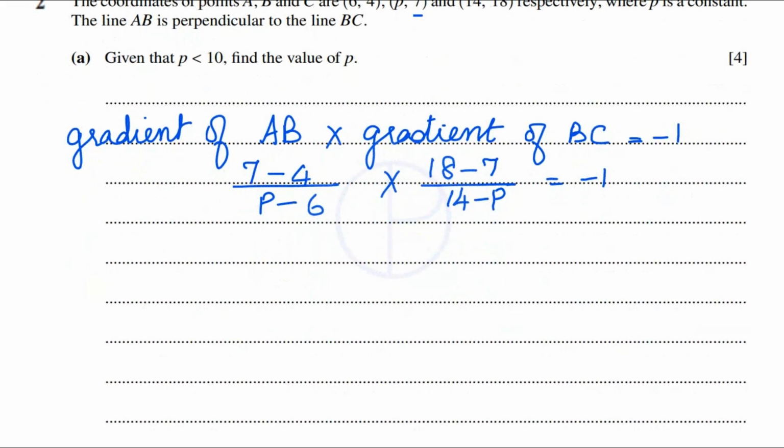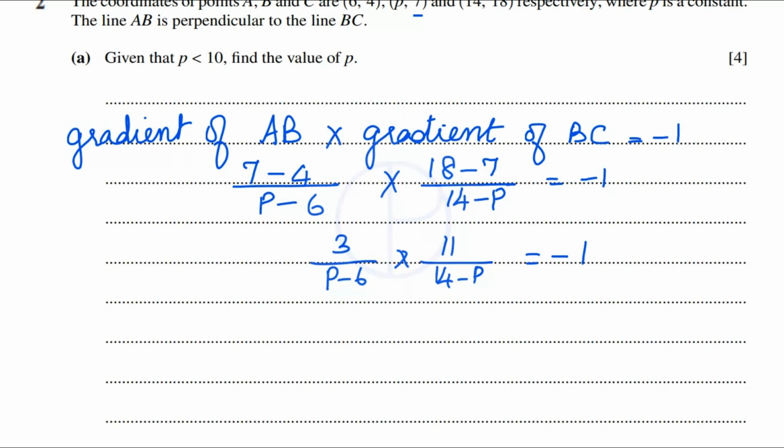7 minus 4 is 3. So 3 divided by P minus 6 multiplied by 18 minus 7, which is 11, divided by 14 minus P, equal to -1. Okay.